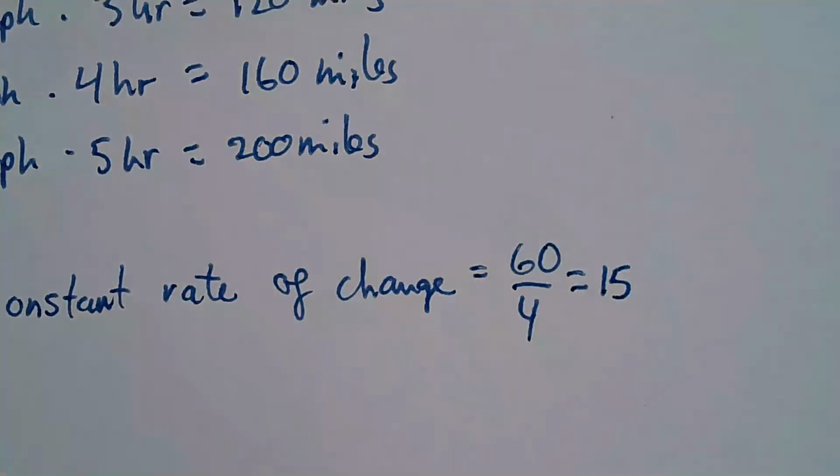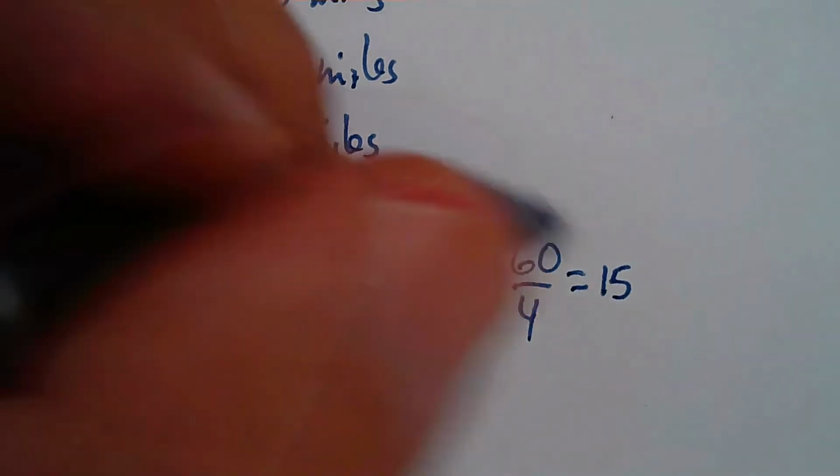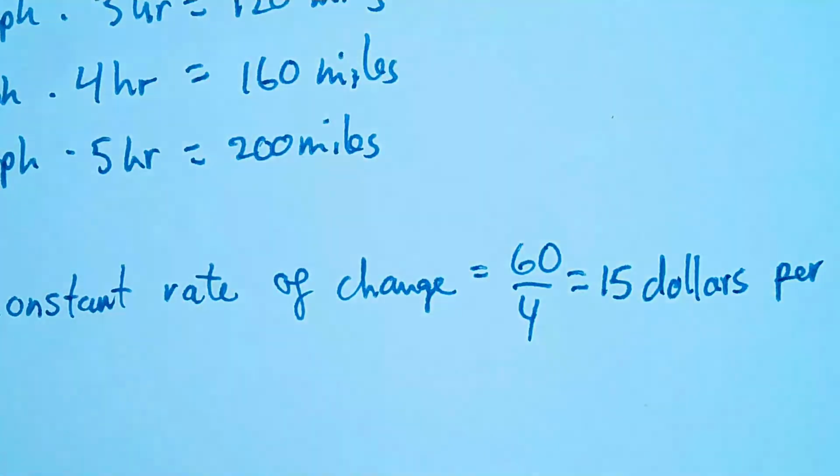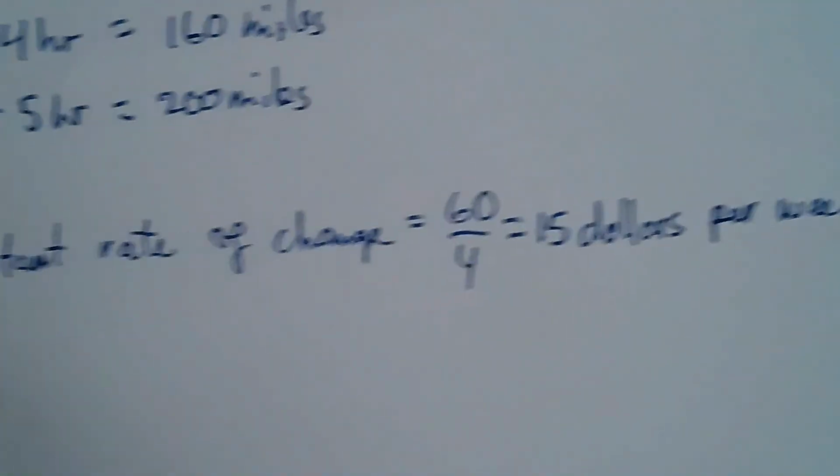And 60 divided by 4, you can do it in a calculator. It's 15. $15 per week. Okay, so there it is.